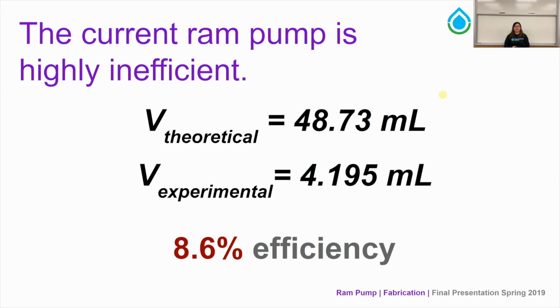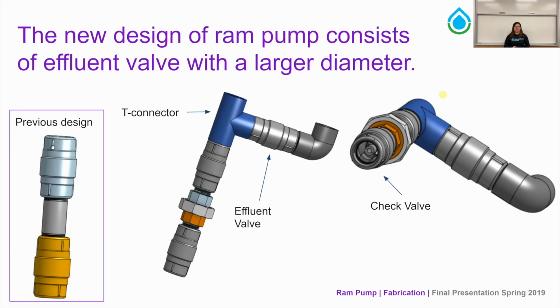We hypothesized that the current design of the ram pump is highly inefficient because of the head loss at the effluent valve. As you can see on the left, which is our previous design, the ram pump exit, which is the waste valve or effluent, has a diameter of only 1/4 inch, which compared to the drive pipe diameter of 1 inch is very small.